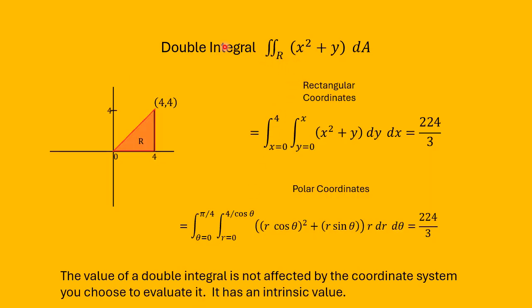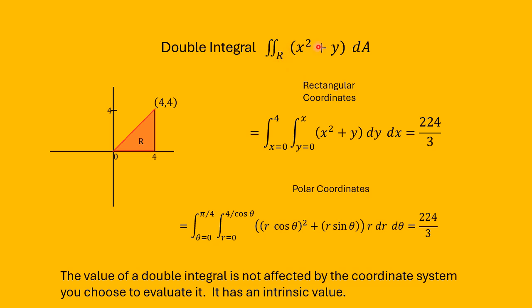In this video, we considered examples involving the integral over a triangular region of x squared plus y dA. The triangular region R, in this case, was this triangle. It's a right triangle with base equal to 4 and the height also equal to 4.